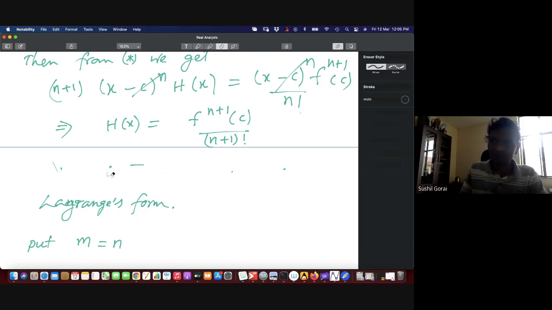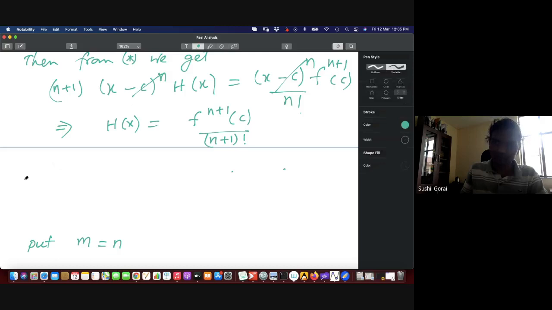So it is R_{n+1}, which is the remainder. R_{n+1}(x) which is (x minus x naught) power n plus 1 h(x). Right?